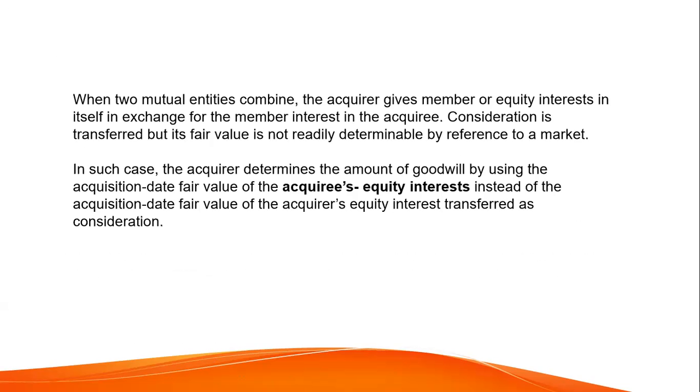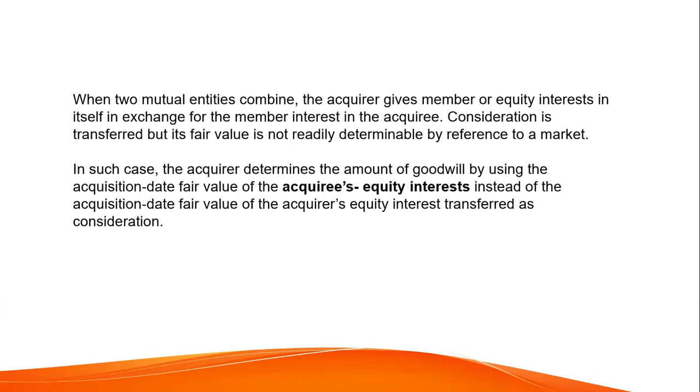When two mutual entities combine, the acquirer gives member or equity interest in itself in exchange for the member interest in the acquiree. Consideration is transferred, but its fair value is not readily determinable by reference to a market.